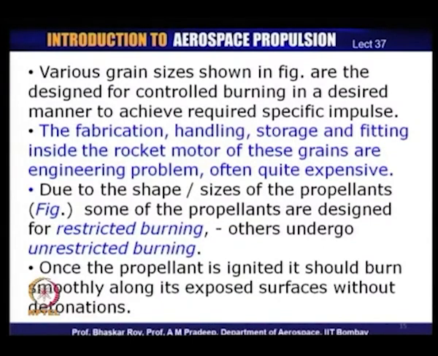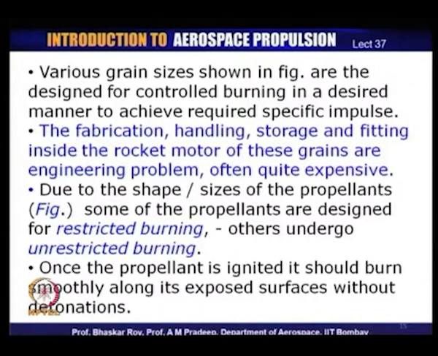Now, you need to control the burning. As we know very well, combustion is fundamentally a controlled fast burning process, as a result of which you need to have controlled burning.